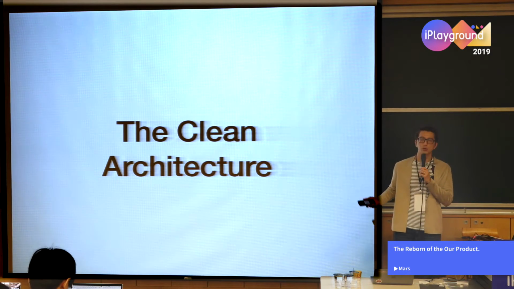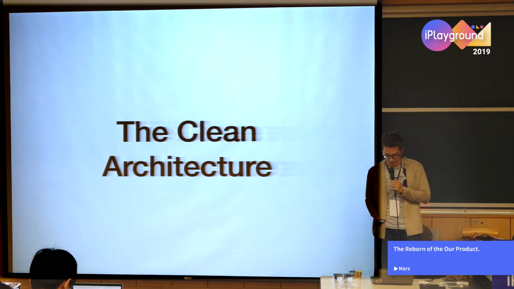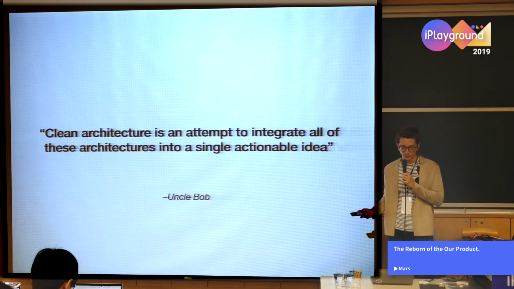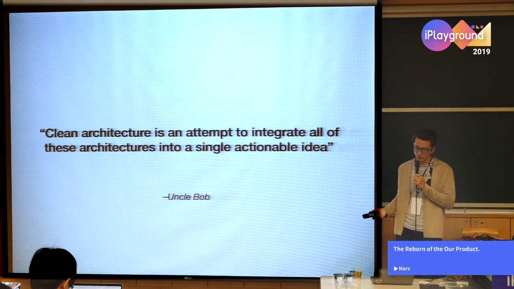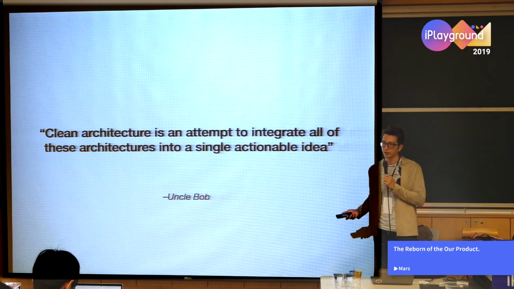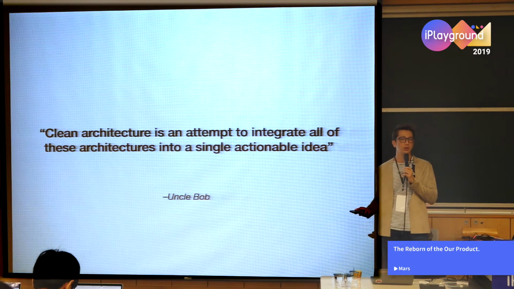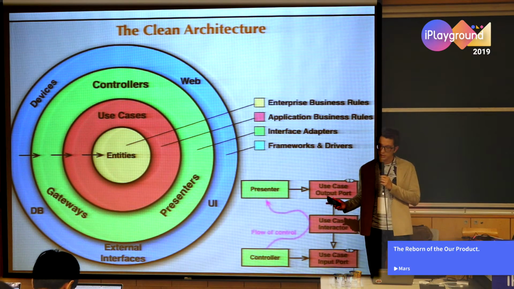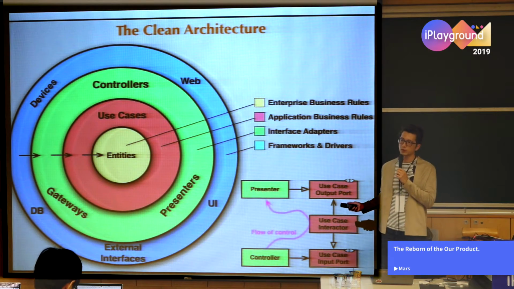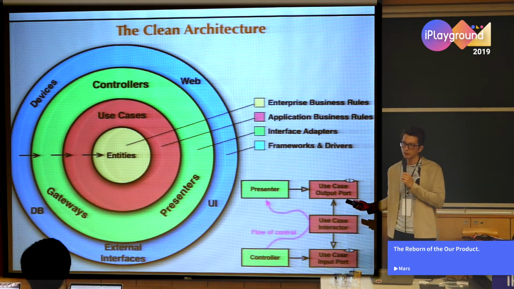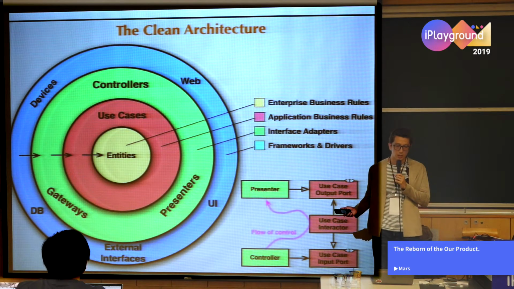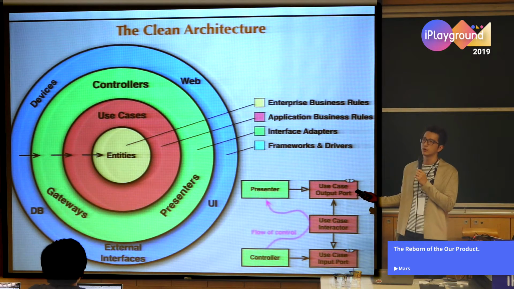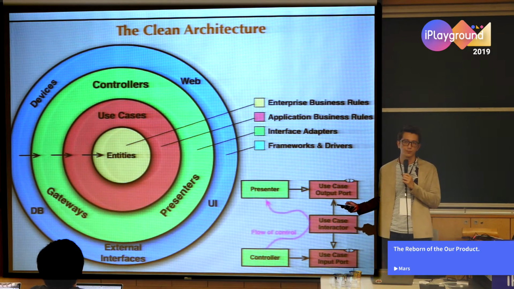Okay, let me introduce you to the clean architecture. As Uncle Bob introduced, clean architecture is an attempt to integrate all of these architectures into a single actionable idea. The concentric circles represent different areas of software. In general, the further in you go, the higher level the software becomes.